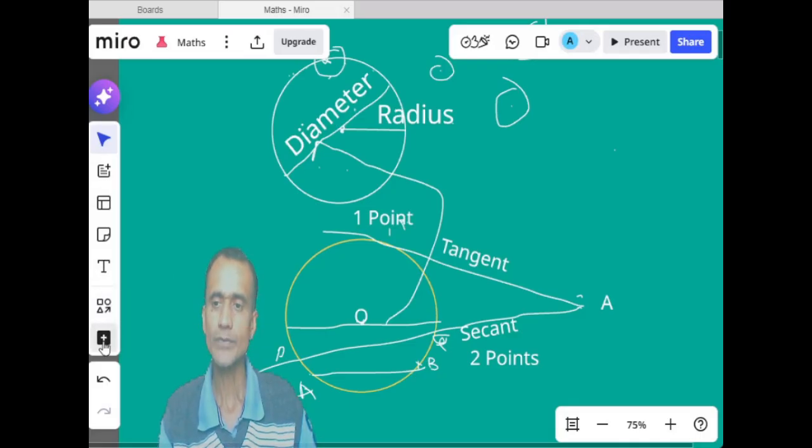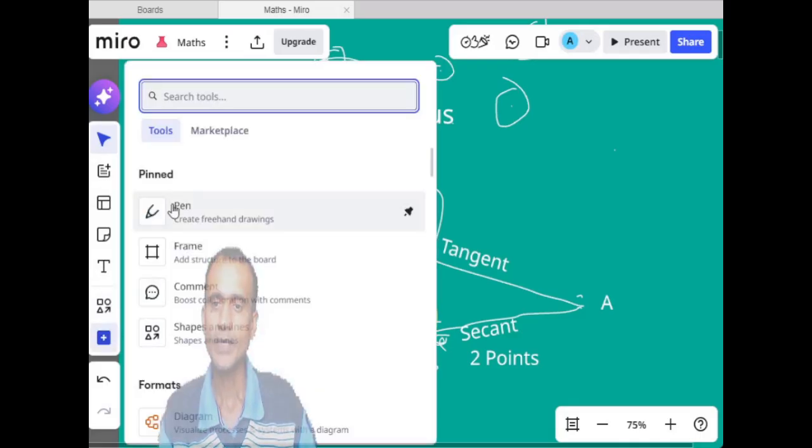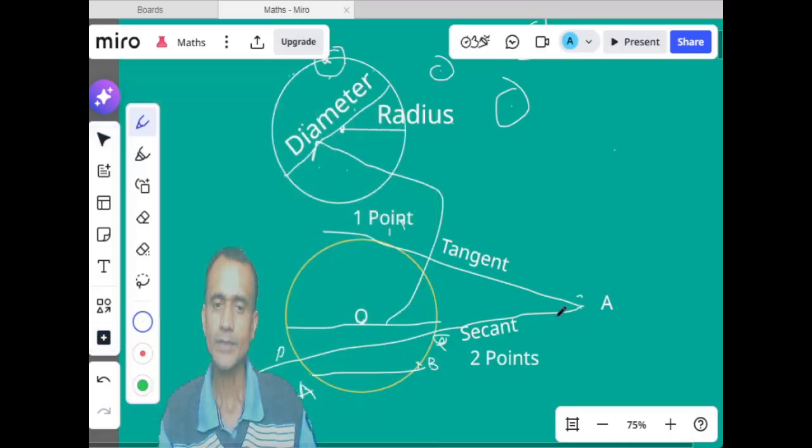One is shown in the figure, and the other one will touch the circle on the other side. So it is touching at this point. We can draw at most only two tangents from a point outside the circle.